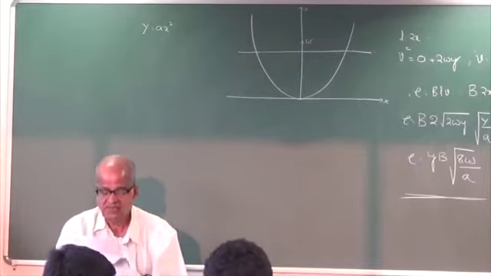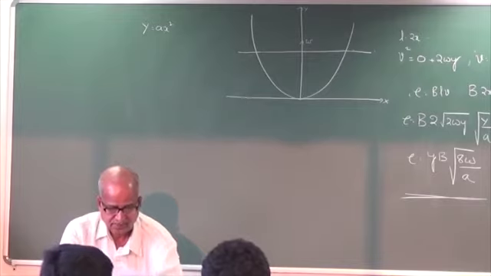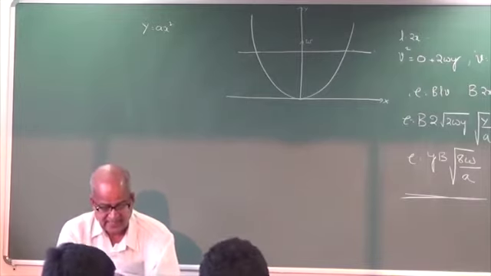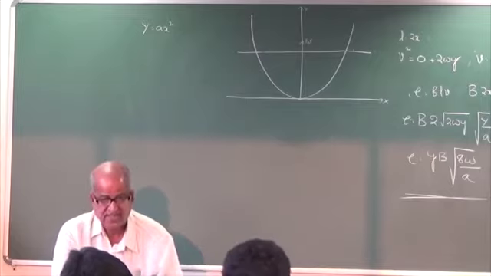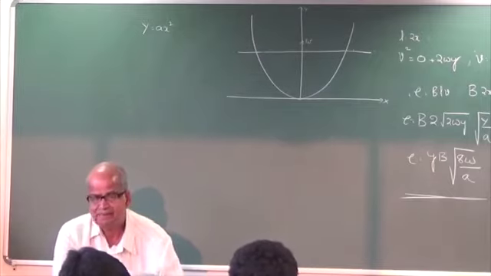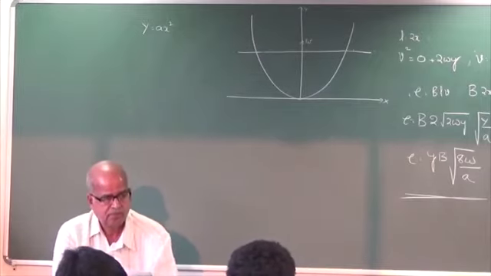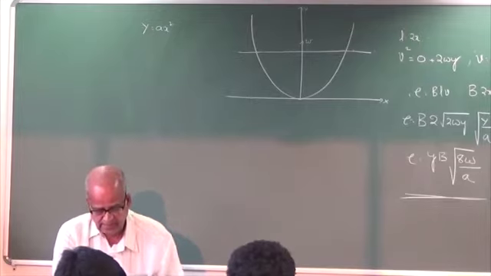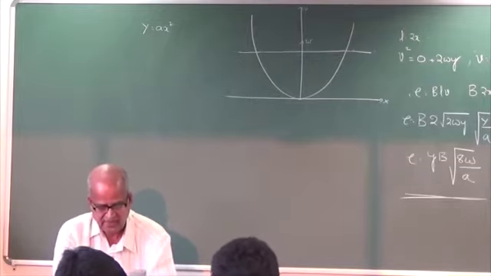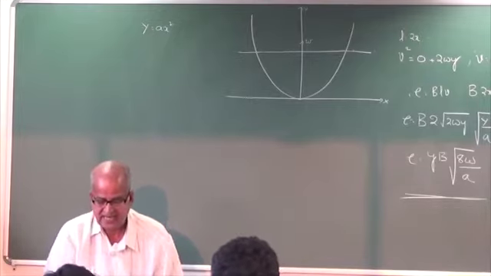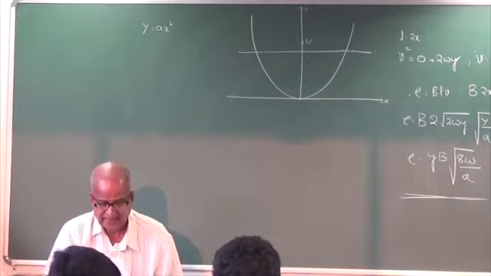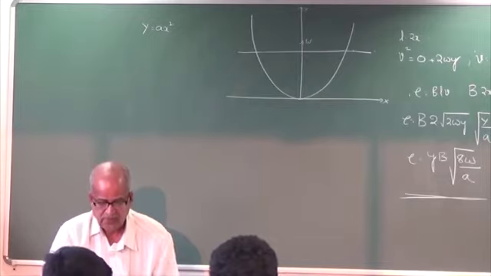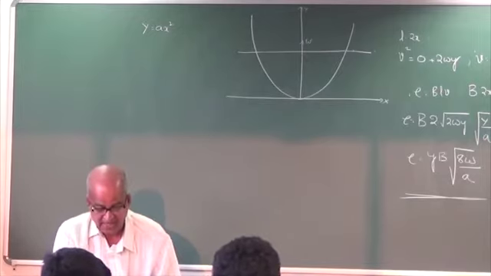At t is equal to 0, a connector of resistance per unit length lambda starts sliding up the parabola with a constant acceleration small a.